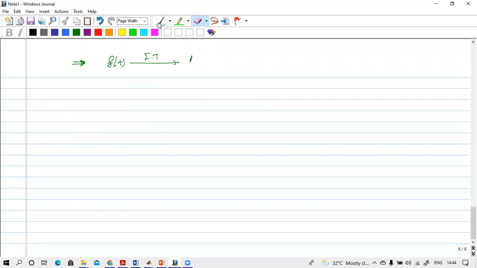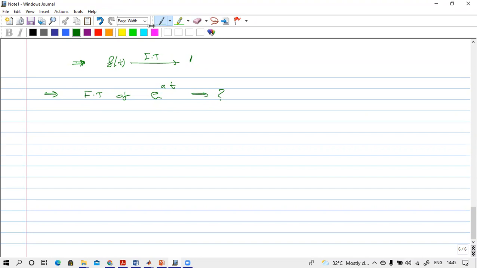So we want to find the Fourier transform of e to the power at. How can we evaluate this?